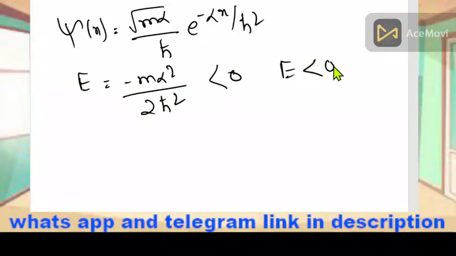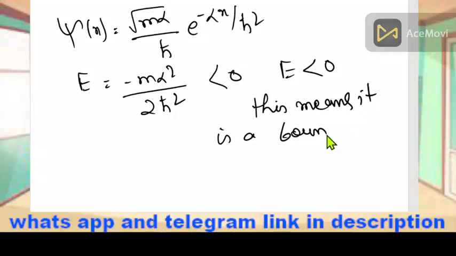First thing, energy is negative, E is less than 0. That is why I omitted it in the heading. This means it is a bound state.